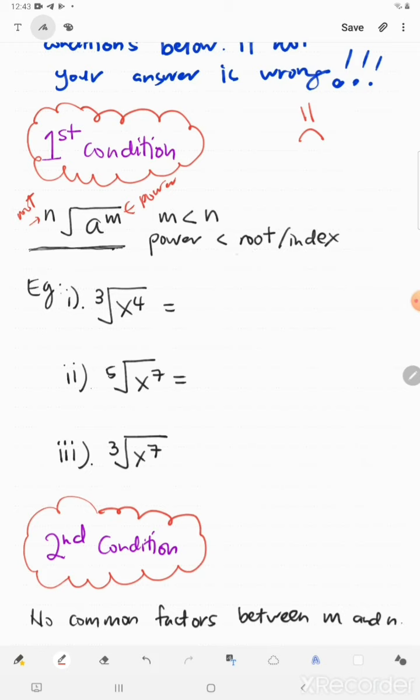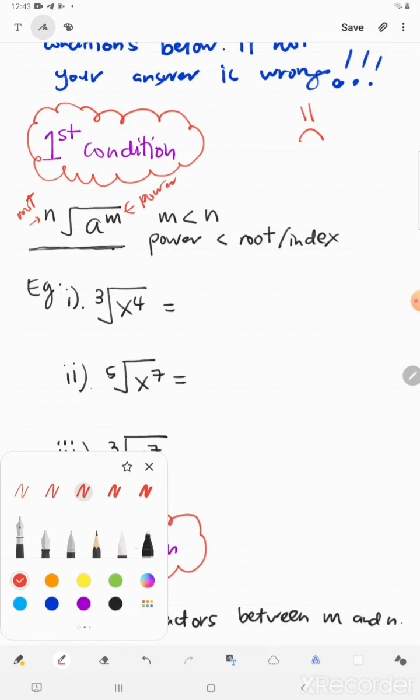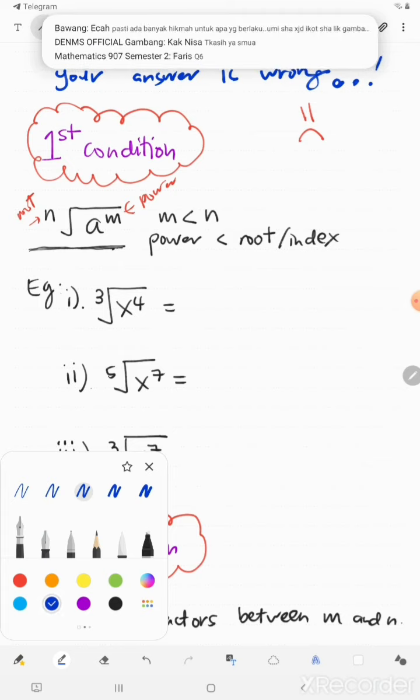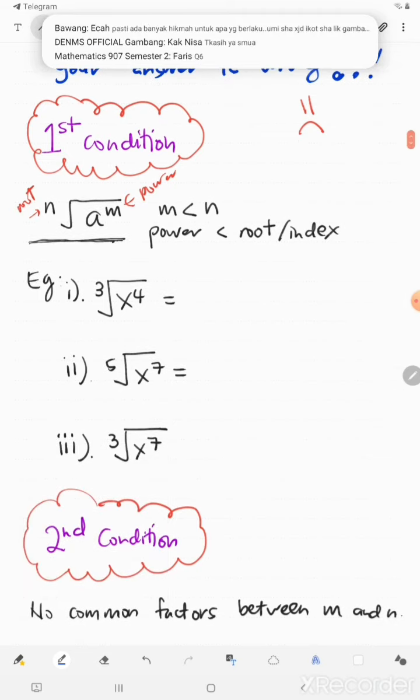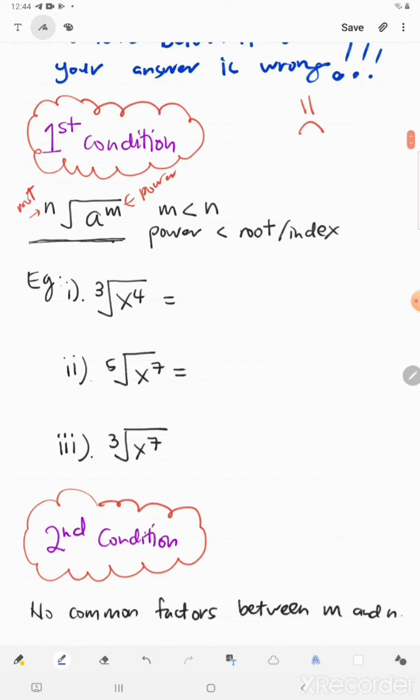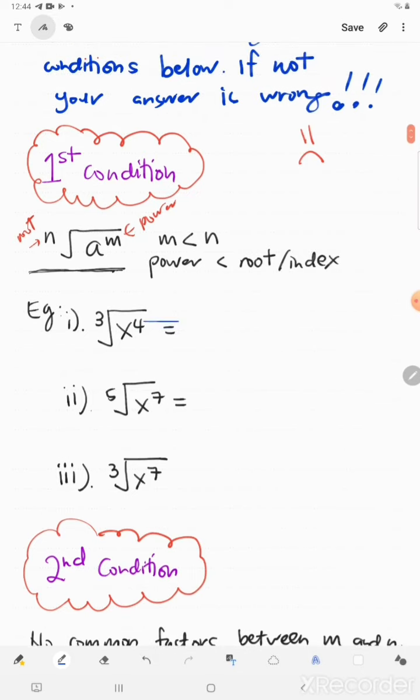Here I have a few examples. The first example is the cube root of x power 4. To rationalize this, remember now this is m and this is n. Now we must make m smaller than the n outside. So it becomes the cube root of x power of 3 multiplied by power of 1, which gives x power 4.